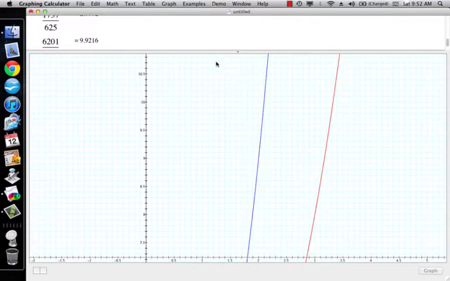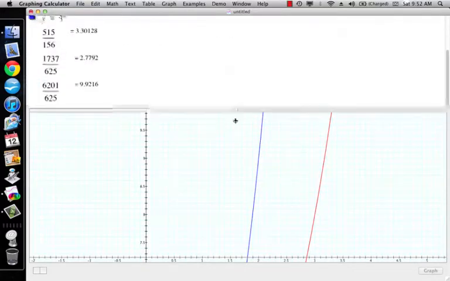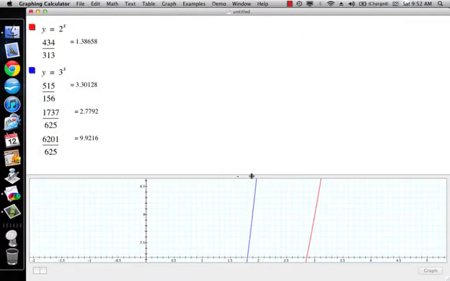Okay, so what I want to show you here, which is a little bit hard to see, is that for the function y equals 2 to the x, when the y value is 2, the slope is 1.38.